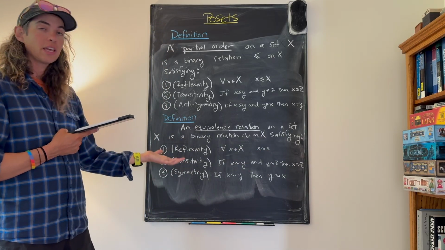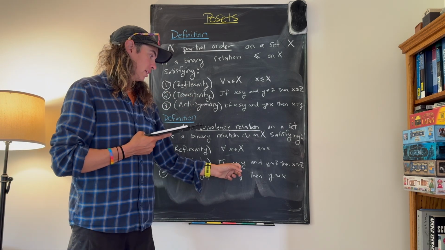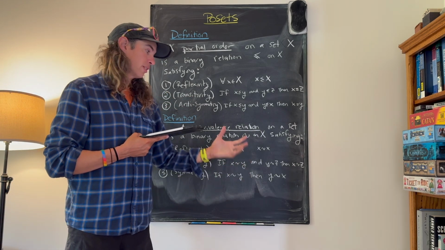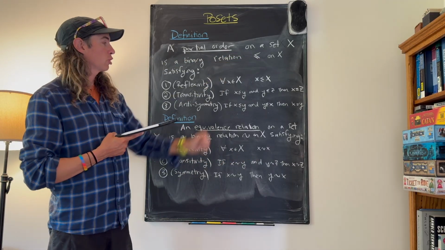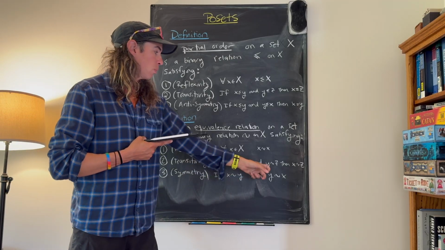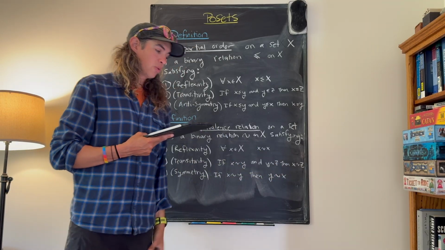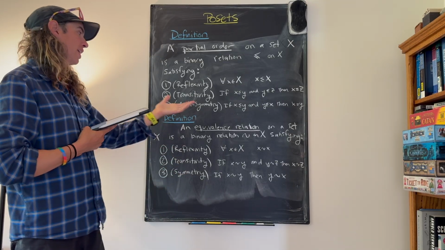Transitivity, again, is the same property as before. In the case of an equivalence relation, instead of saying less than or equal to like we do for partial orders, we say equivalent to. So if x is equivalent to y and y is equivalent to z, then x is equivalent to z. But this time it satisfies symmetry instead of anti-symmetry.